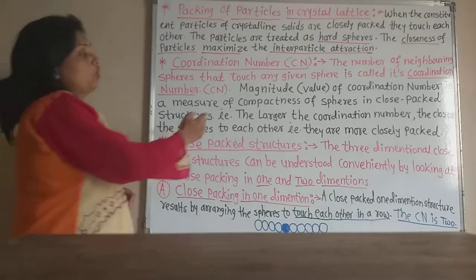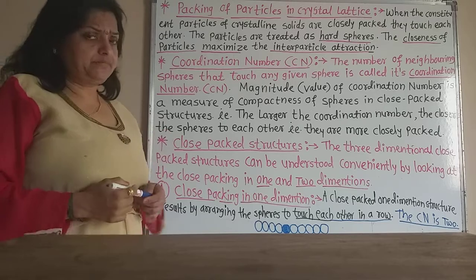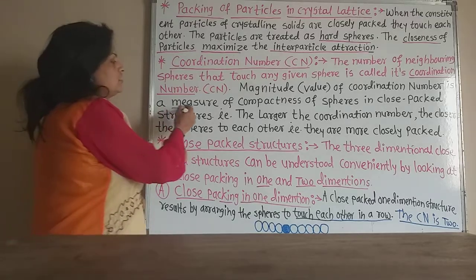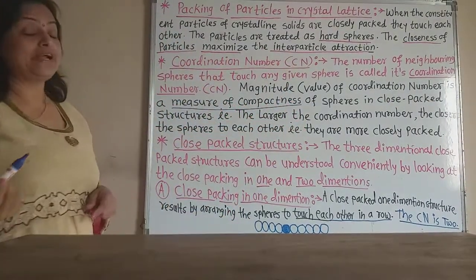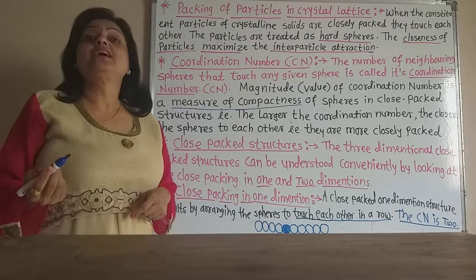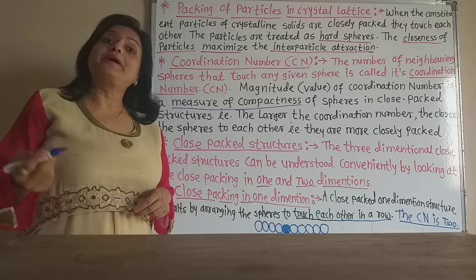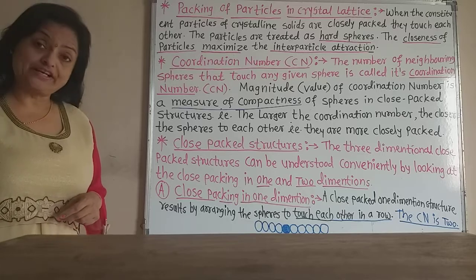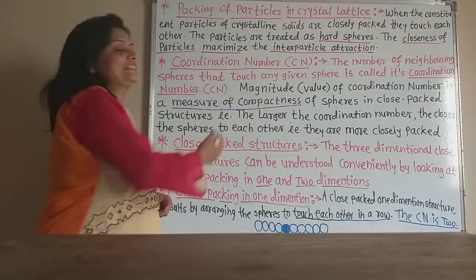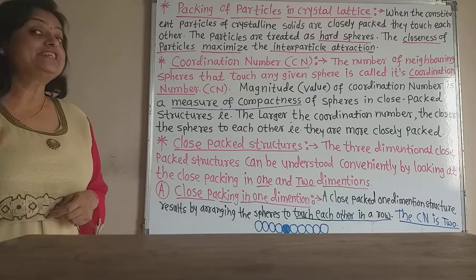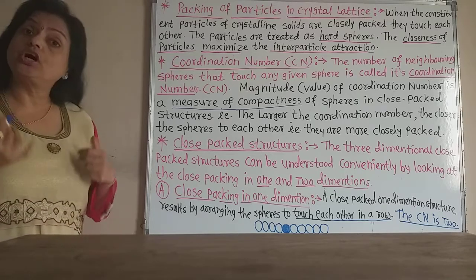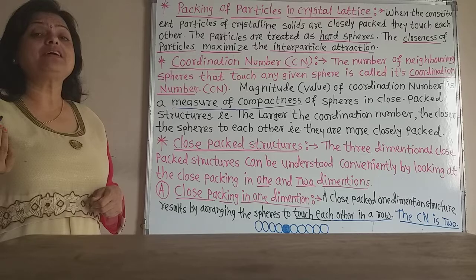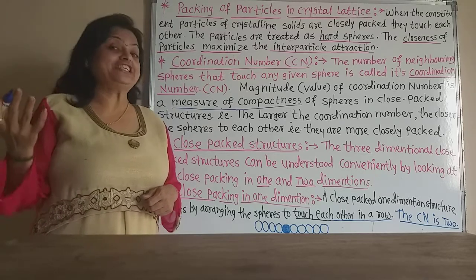Now, the magnitude or value of the coordination number is the measure of compactness. That means the coordination number determines the compactness of spheres in the given close packed structure. The more the coordination number, the more closely that structure is packed.